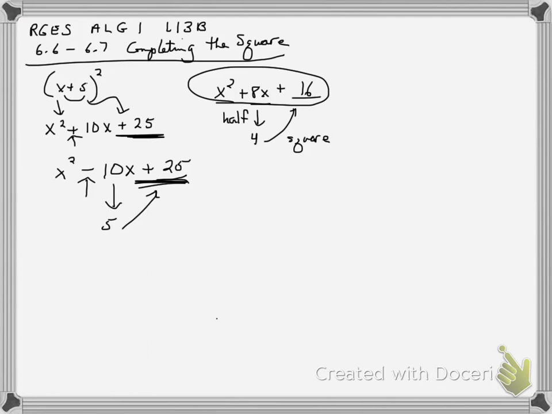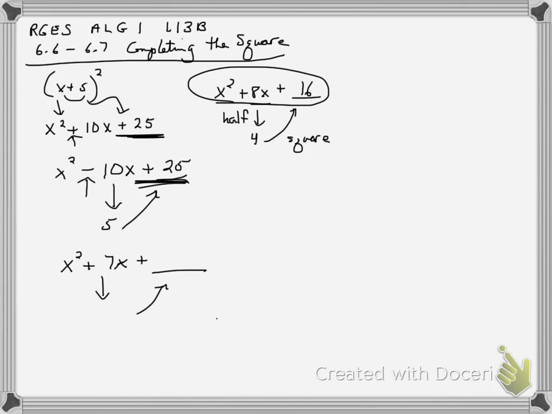Now the next example they give you is a little bit squirrely. They said, okay, complete the square, x squared plus 7x plus something. Well, of course, I want to take half and then square it. But when I go to halve 7, it isn't even.